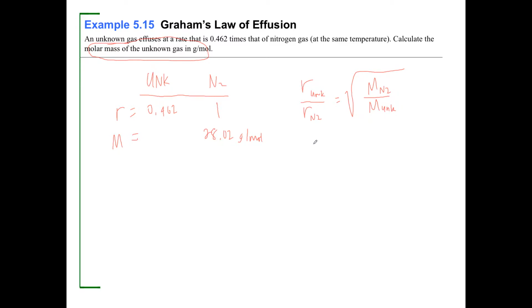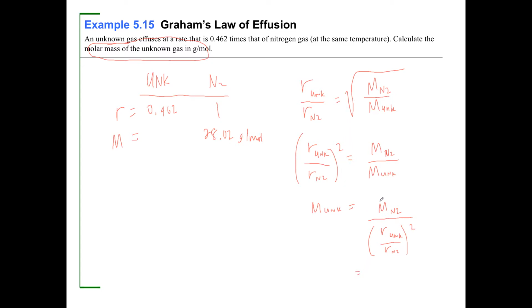So the rate of the unknown over the rate of N2, squared, is equal to the molar mass of N2 over the molar mass of unknown. I'm going to bring the molar mass of the unknown up here and bring that down here. This is the molar mass of N2 over the rate of unknown over rate of N2, squared.